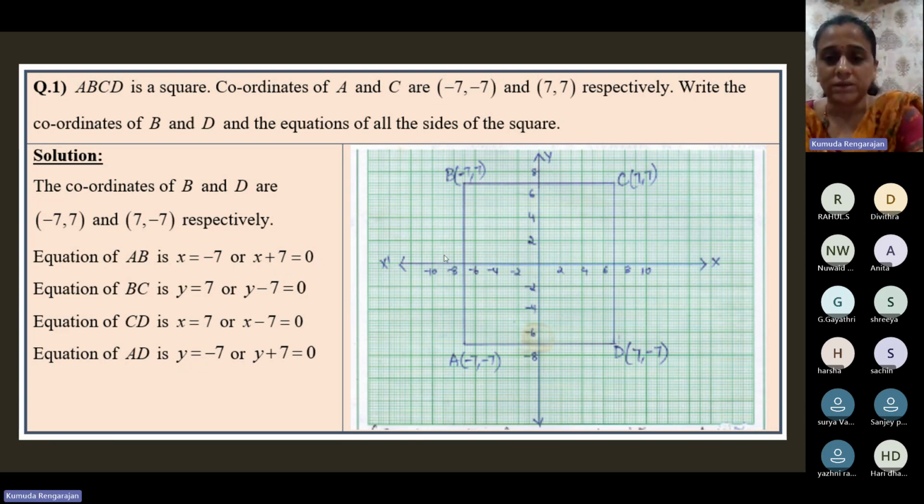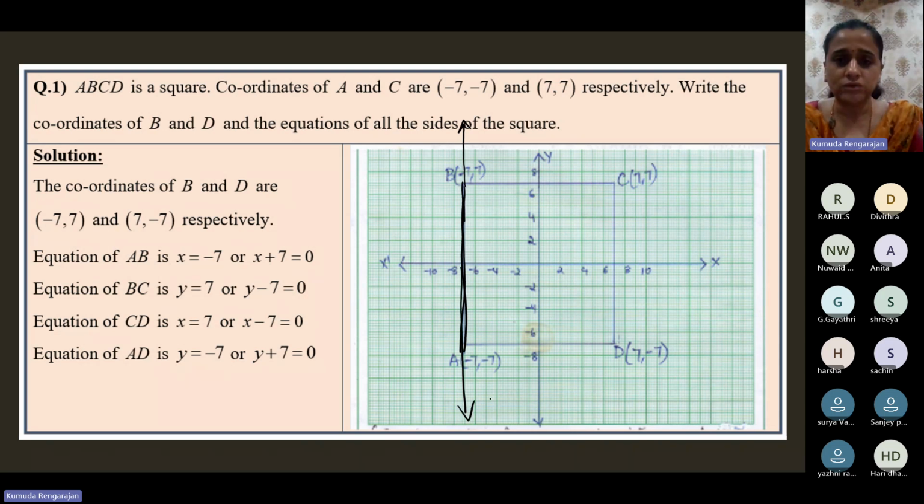Now, equation of AB. See here. This is the line segment AB. A line segment is a part of a line. So when you produce this, it's a line.